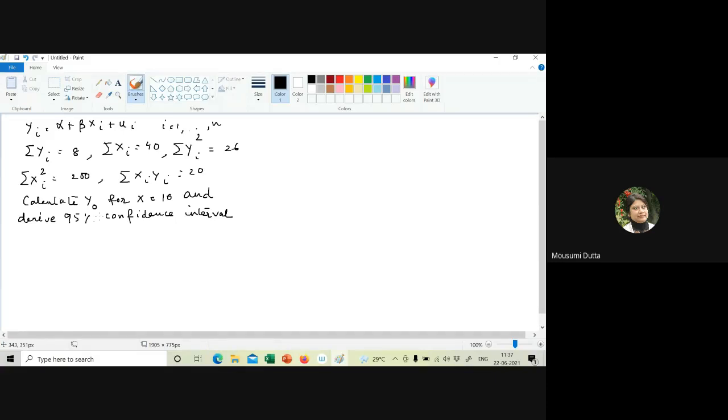So how will we proceed? What do we have to derive first? Alpha hat, beta hat, yes. We have to find the values of alpha hat, beta hat. So you have the information. Using the information, find alpha hat, beta hat first.